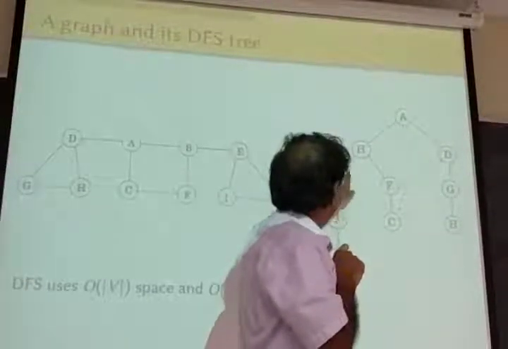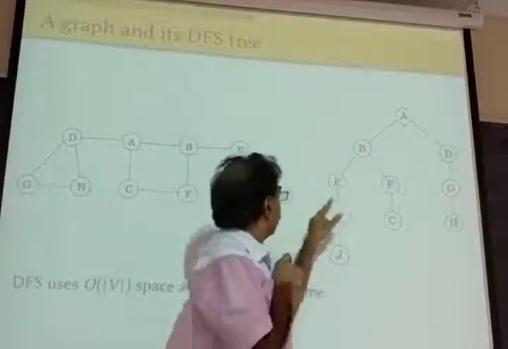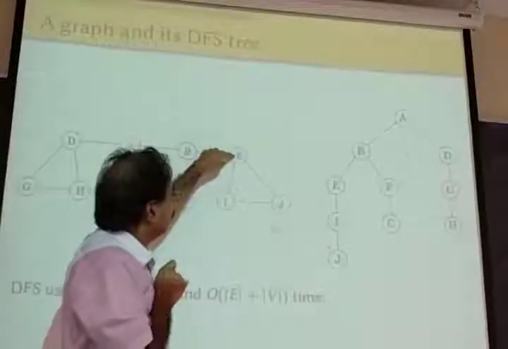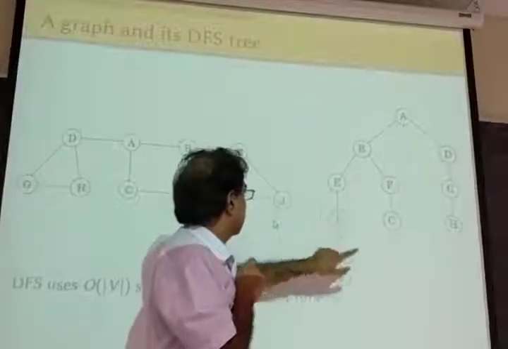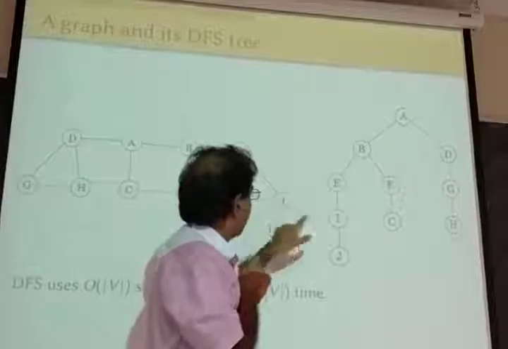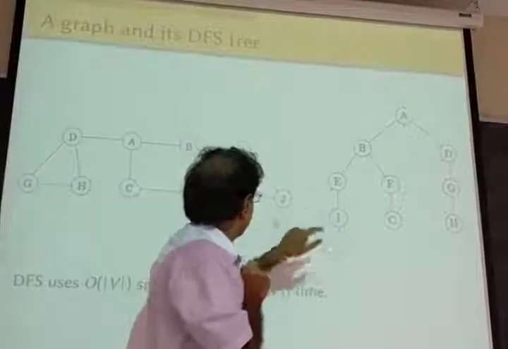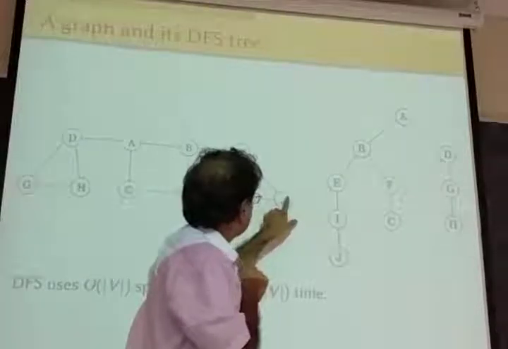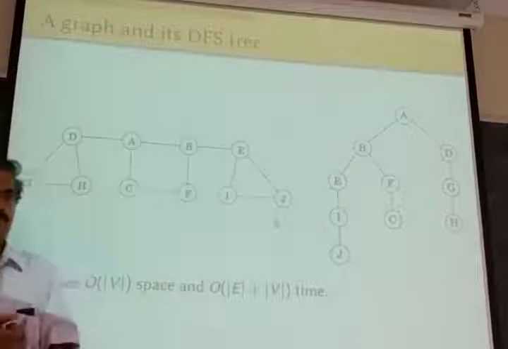So you visit E, and once again, since E has not been visited before, this is going to be a tree edge, right? And then from E, you're going to visit I. This is a tree edge, once again, because I has not been visited. From I, you go to J, and J has not been visited, right? So all of these are tree edges. But when you call DFS on J, it's going to find that it has a connection to E, right?